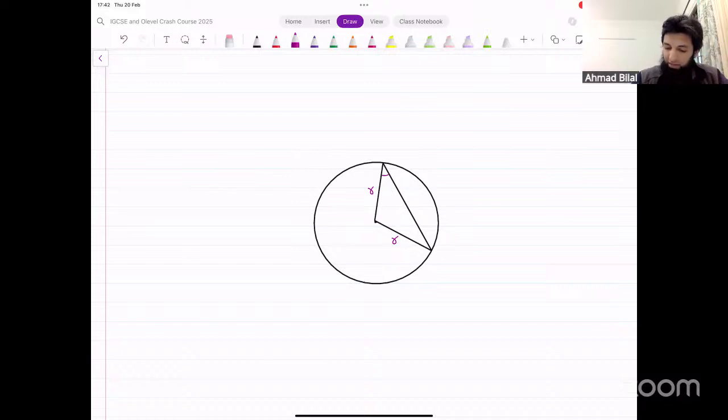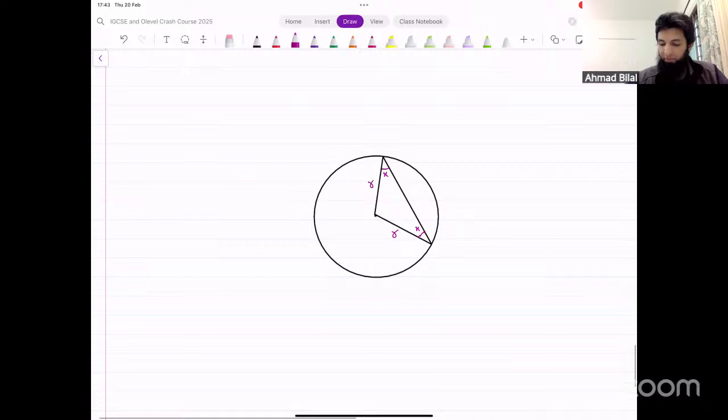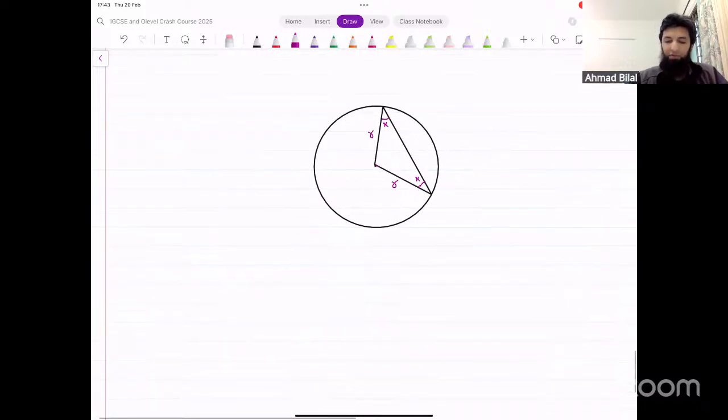If this angle is something, the opposite angle here is also going to be the same thing. So if one of these is x, the other is also going to be x. Sometimes you have to use this as well. When you have a triangle like this, it's an isosceles triangle. Do keep this in mind when you're working with circle problems.